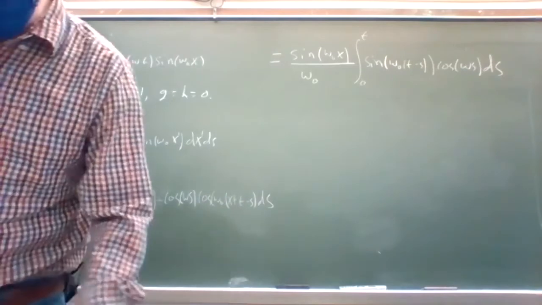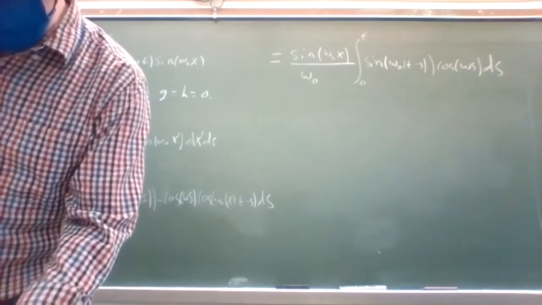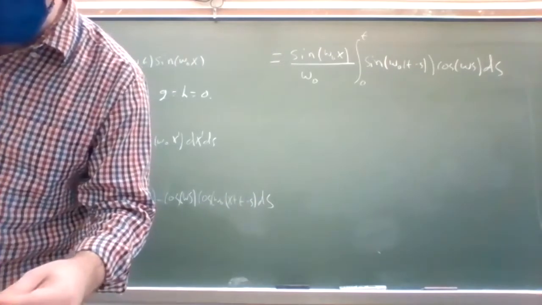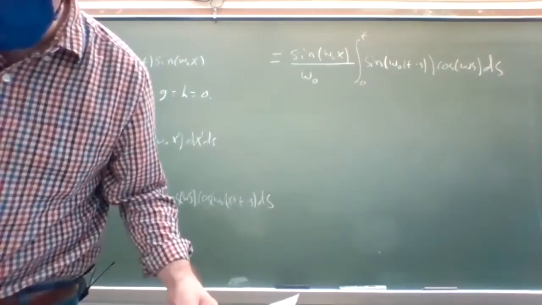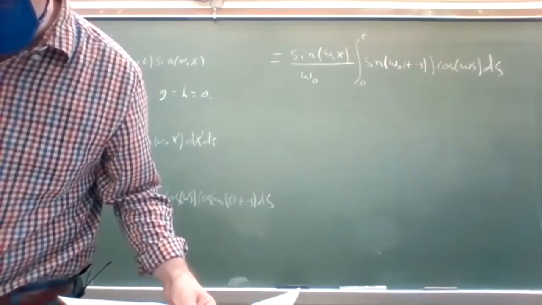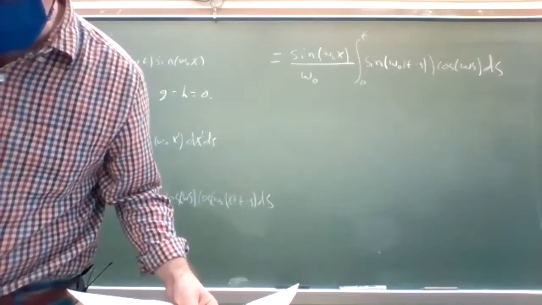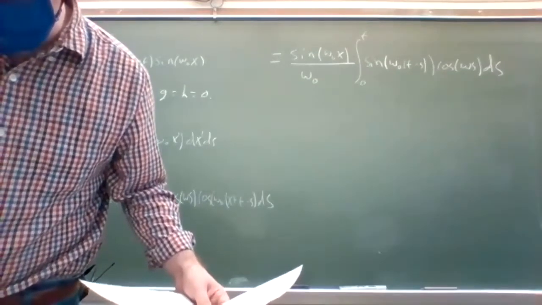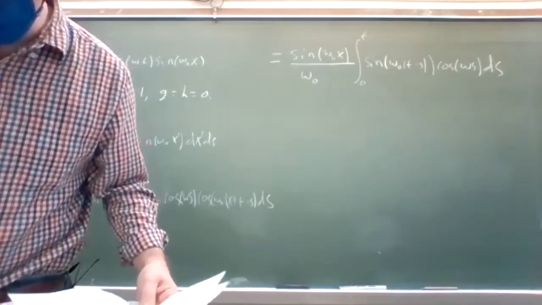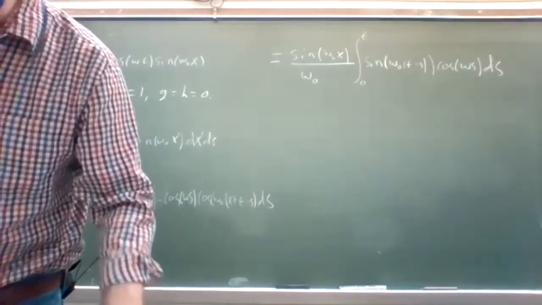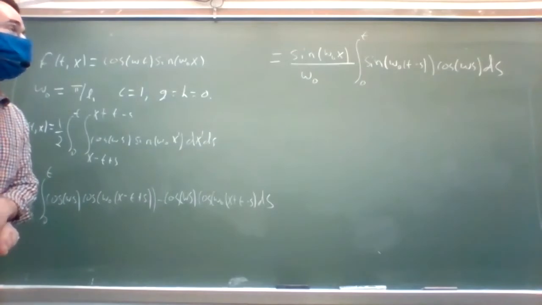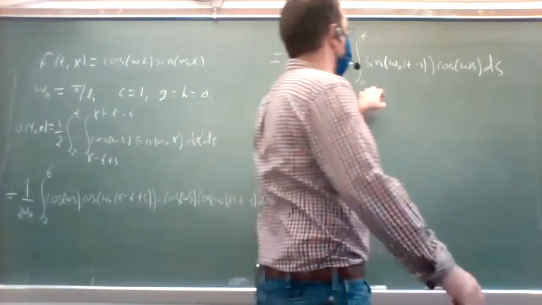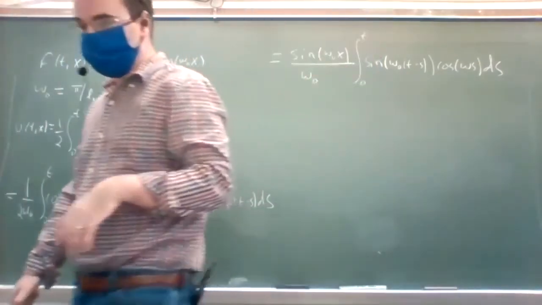And it works out. The next step in the text is ambitious. Before going forward, maybe I'll ask the class, does anybody see, off the top of your head, how you would do this integral?